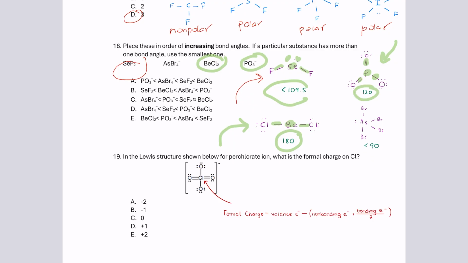Finally, we look at our final one. We have arsenic as the central atom here. It's bonded to 4 bromine atoms, and then it has a single lone pair. The electronic geometry here is trigonal bipyramidal. But since it has a lone pair, this molecule is polar, which means the bond angles are going to deviate from the ideal values.